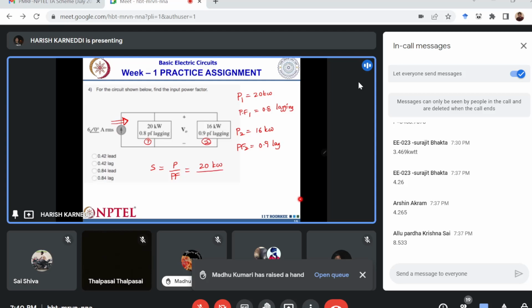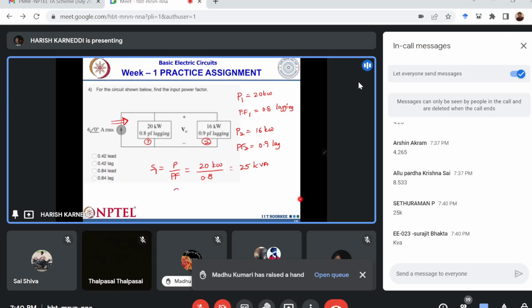What is the power factor? 0.8, right? I'm talking about S1. This is apparent power 1. So apparent power 1 equal to 20 by 0.8 kilowatt. What is the value of 20 by 0.8? It is 25. What is the unit of apparent power? It is kVA.